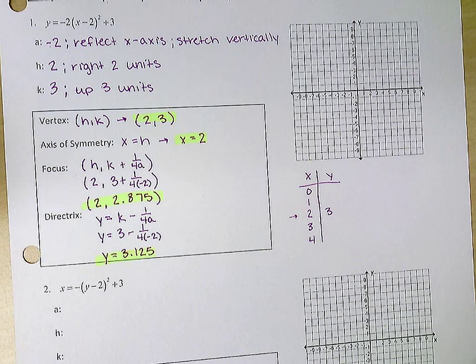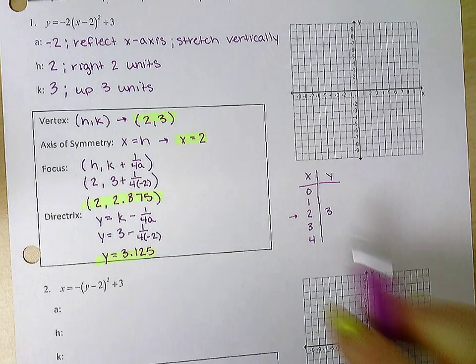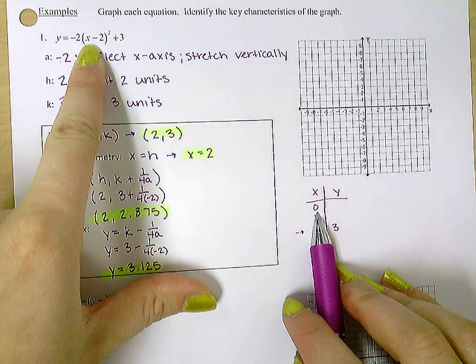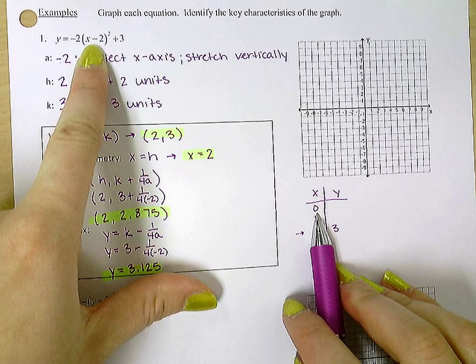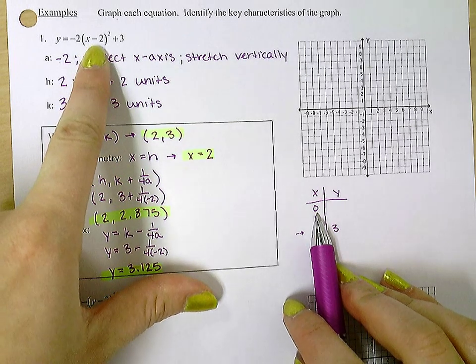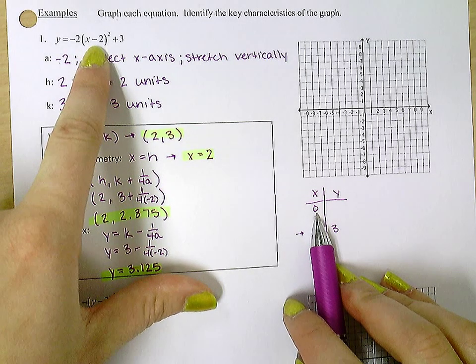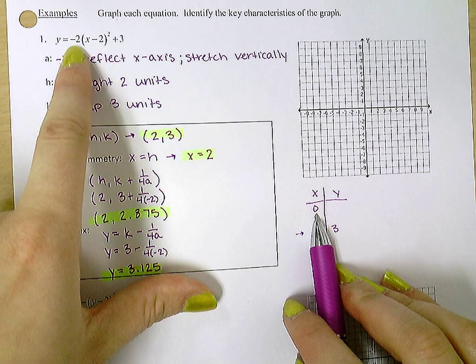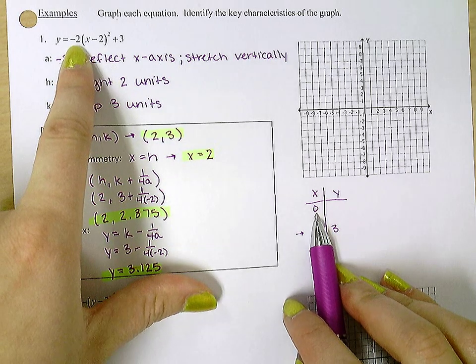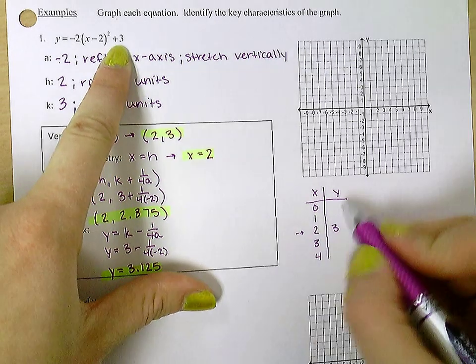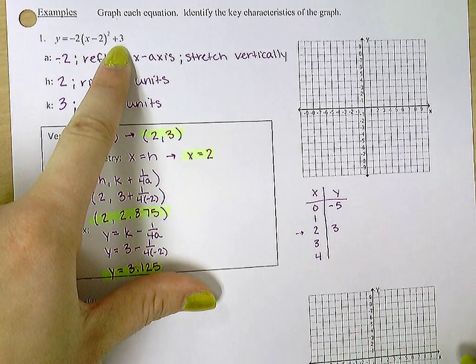I just want points surrounding that vertex. Plugging in 0 to our equation up here, we have 0 minus 2, which is negative 2. Negative 2 squared is 4. 4 times negative 2 is negative 8, plus 3, it's negative 5.